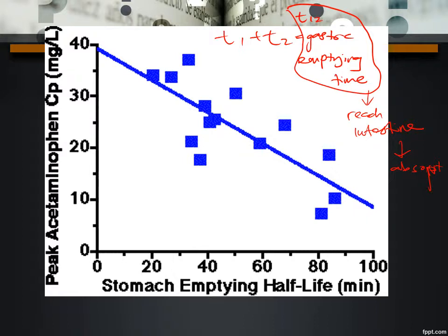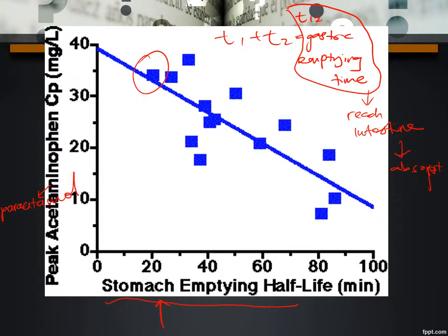Okay, so if you look at this experiment, when they examine the stomach emptying time, the shorter the stomach emptying time, the higher the peak plasma concentration of acetaminophen. Acetaminophen is also paracetamol.